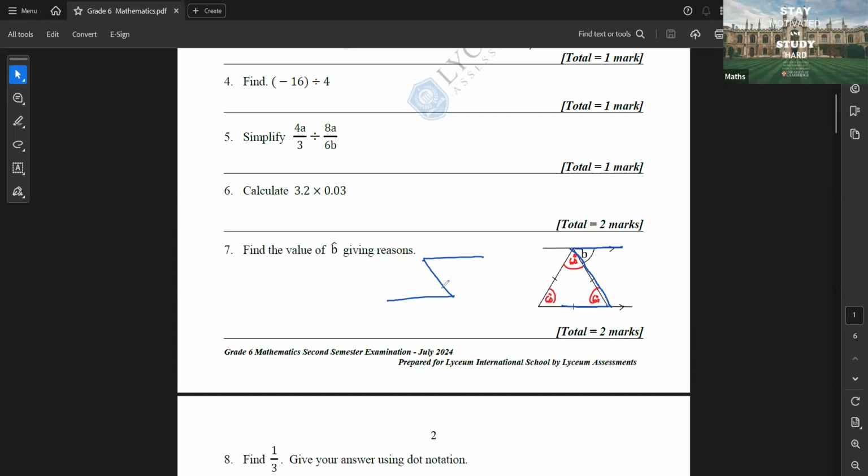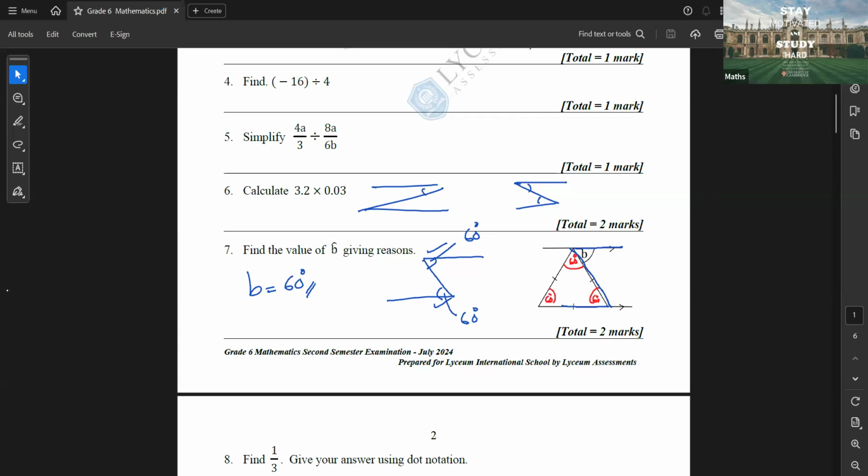So this angle and this angle are 60 degrees. Since that, here also 60, because of the Z, alternate angles. So B equals 60.